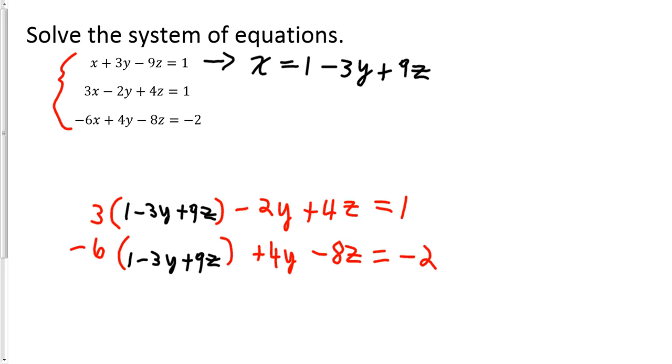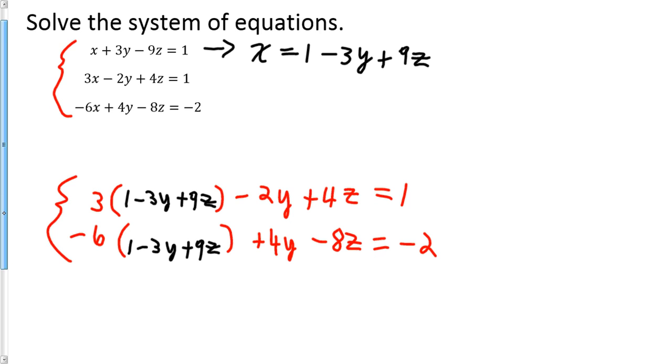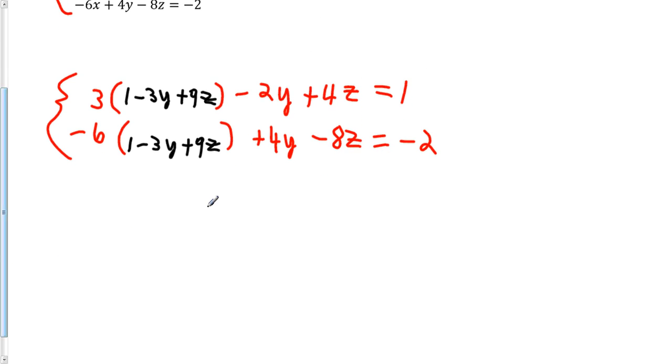All right, so I have this new system of equations, and notice this new system of equations only has two unknowns, and there are only two equations in the system, so that's okay. So let's go ahead and simplify these two. Let's distribute the 3 to give me a 3 minus 9y plus 27z, and then minus 2y plus 4z is equal to 1.